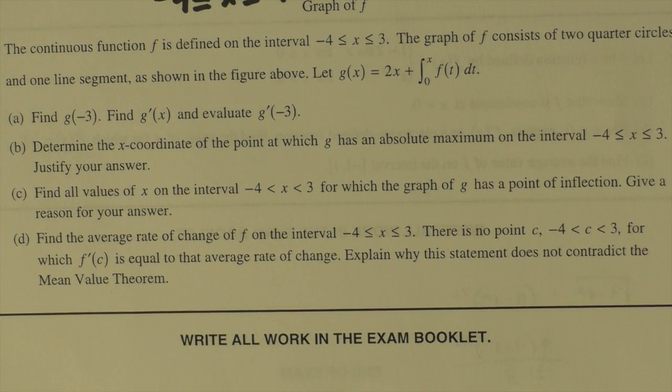Part D, the final part of this question: we need to find the average rate of change of f on the interval -4 ≤ x ≤ 3. There is no point c on the interval of -4 to 3 for which f'(c) is equal to the average rate of change. Explain why this statement does not contradict the mean value theorem.